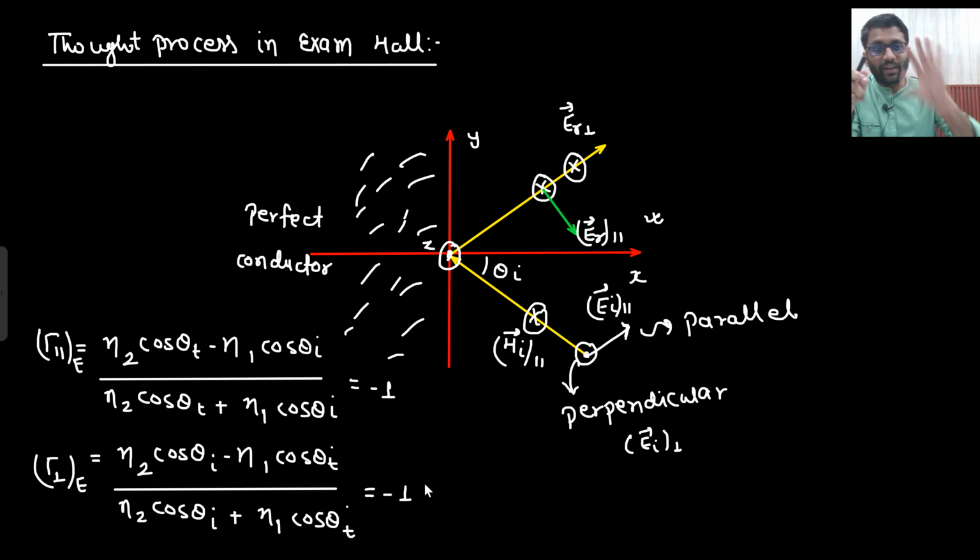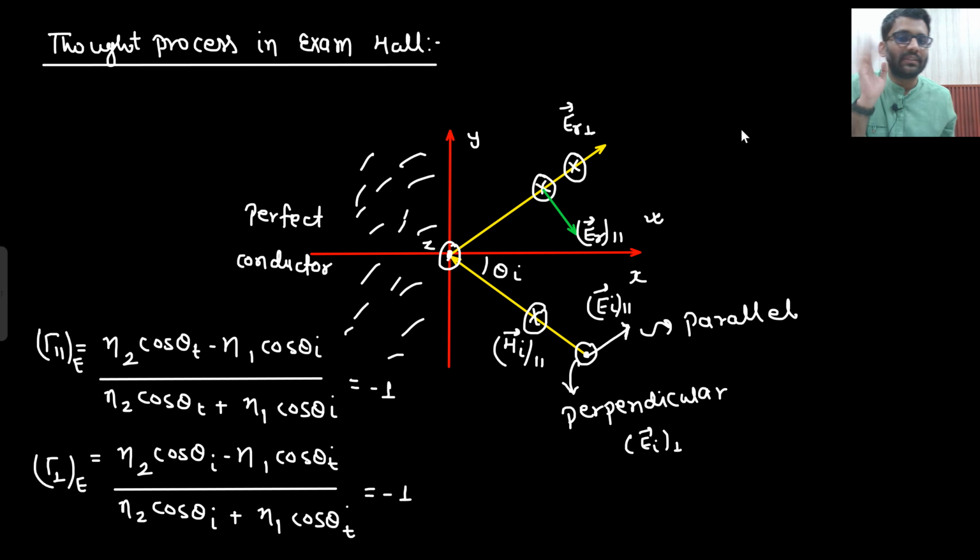That means the reflected electric field has to be opposite, because the assumption we made was that the incident and reflected electric fields are in the same direction. But once we derived the formula for transmission coefficient and reflection coefficient, we got to know that it is -1. That means the incident and reflected electric fields have to be in the opposite direction. Is that clear to you?